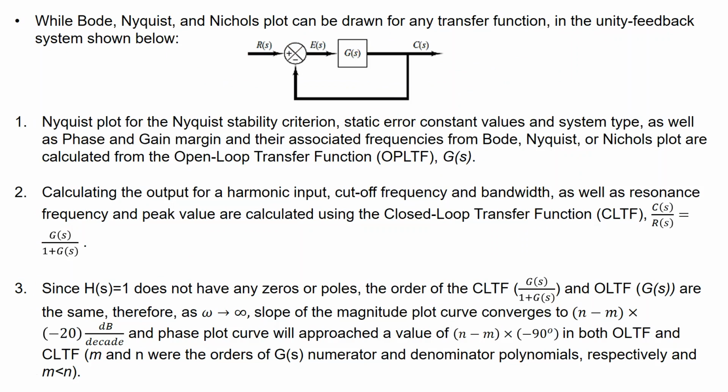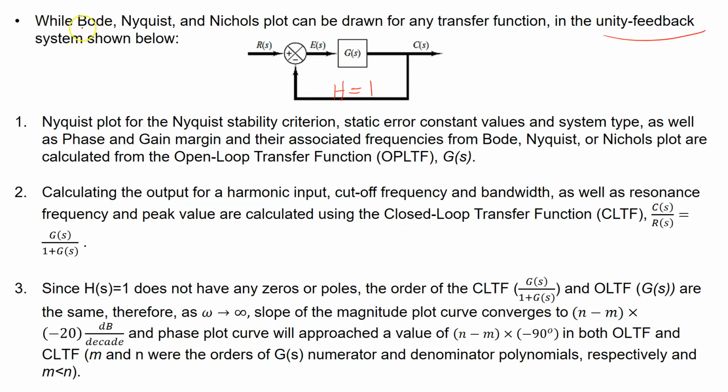A couple of other things that I needed to clarify. Especially in chapter 7, we learn a bunch of different plots, including Bode plot, Nyquist plot, Nichols plot, and so on. If we consider a unity feedback system where the feedback transfer function is 1, that's why we call it unity feedback, correct?